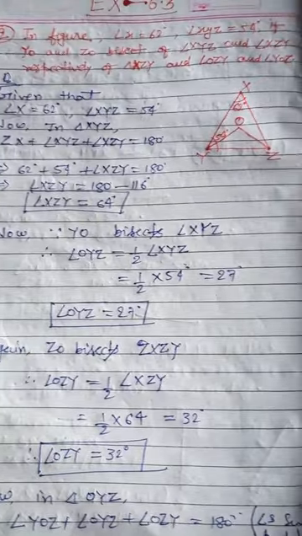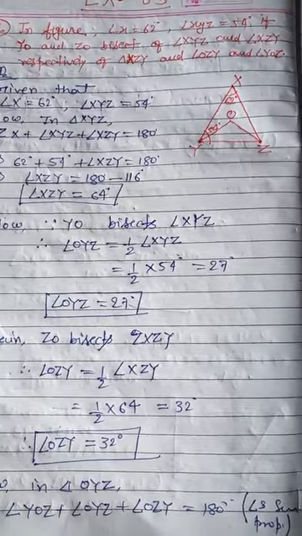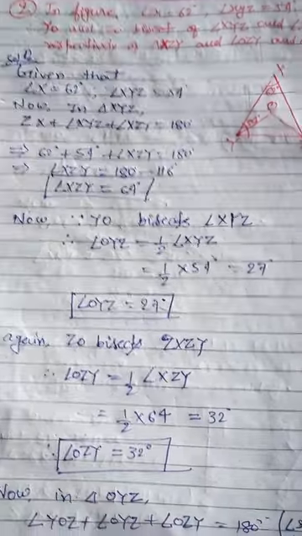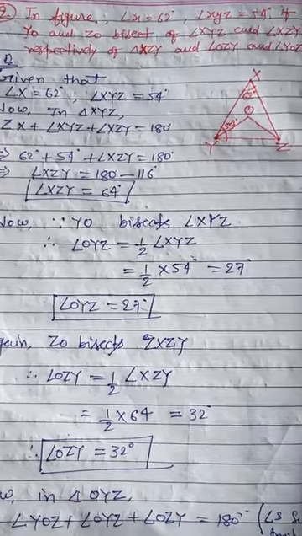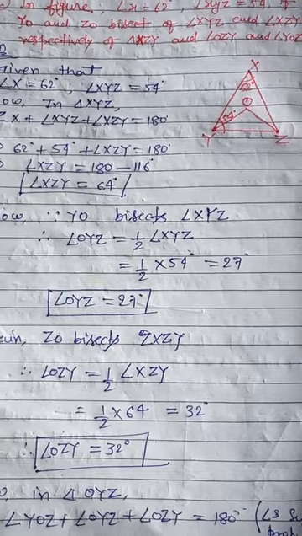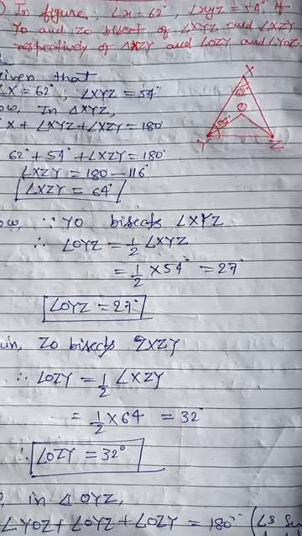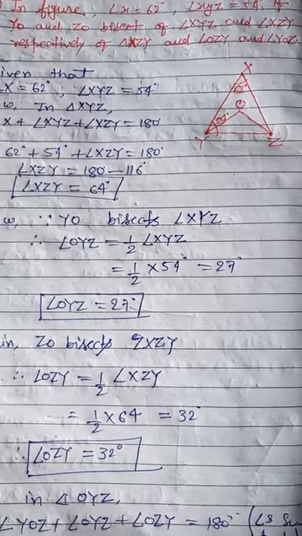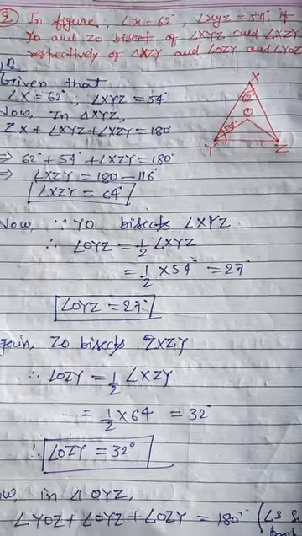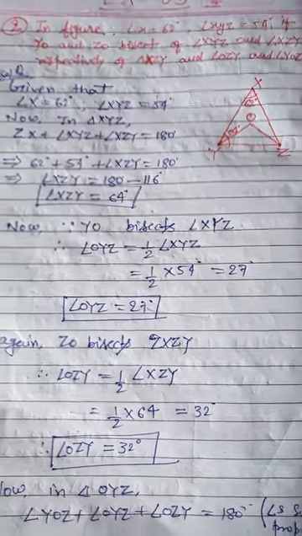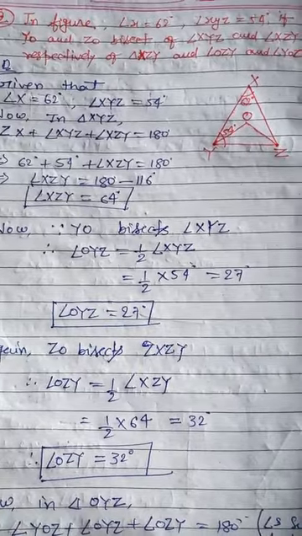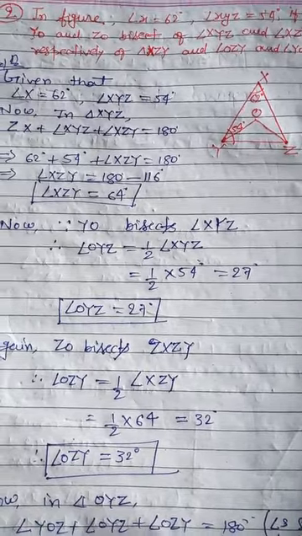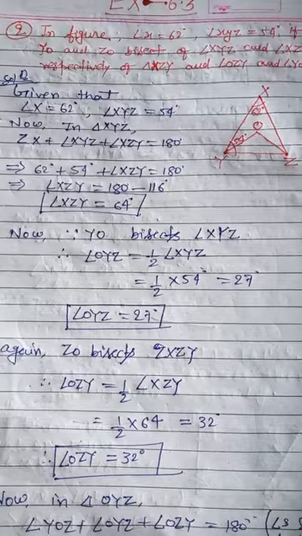Students, in the previous class you had learned about triangles, types of triangles, and two theorems. One is the angle sum property of a triangle and the second one is the exterior angle property of a triangle.